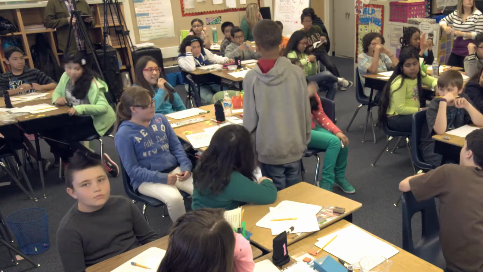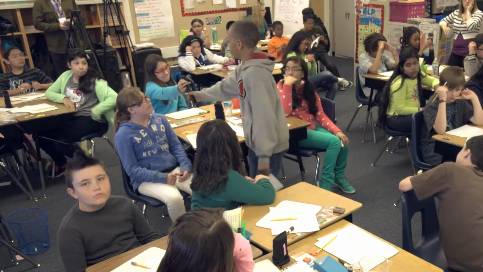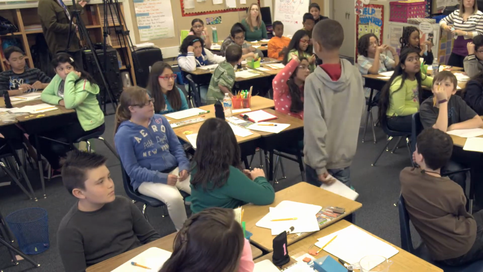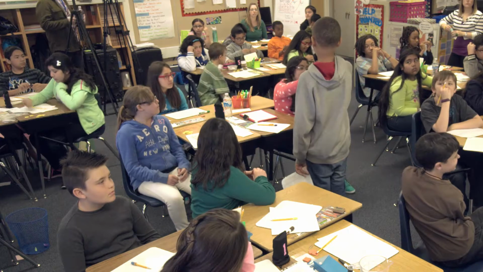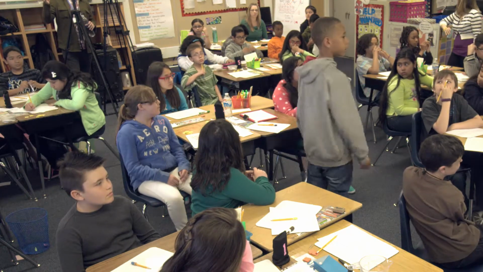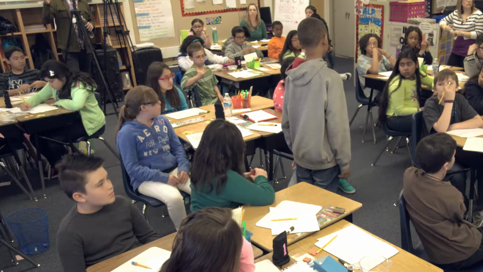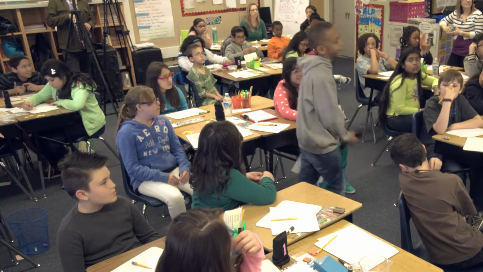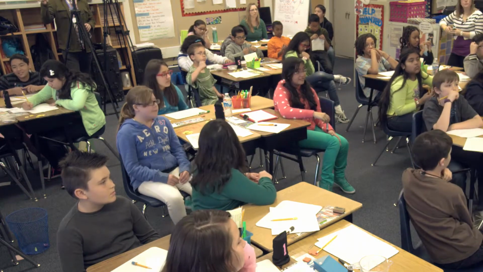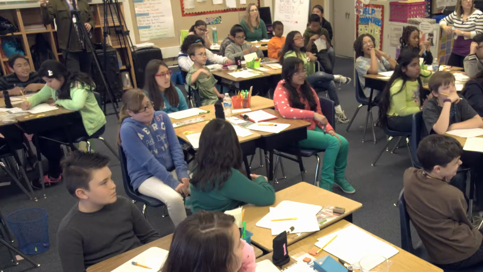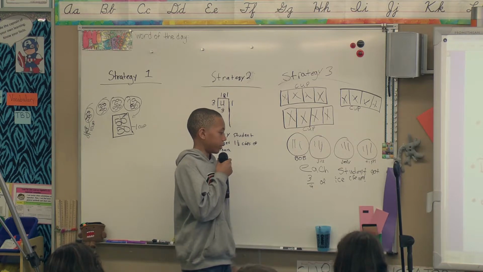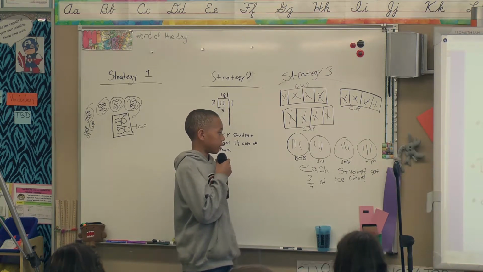What are the X's in it? The X's are to keep track of how many I used. How do you know that's the correct answer? I know it's the correct answer because each person got 3/4 of each one.